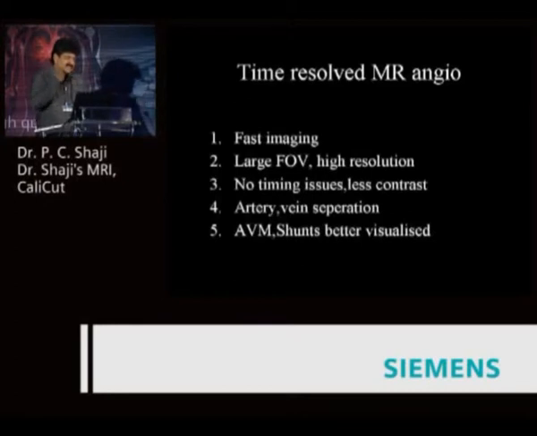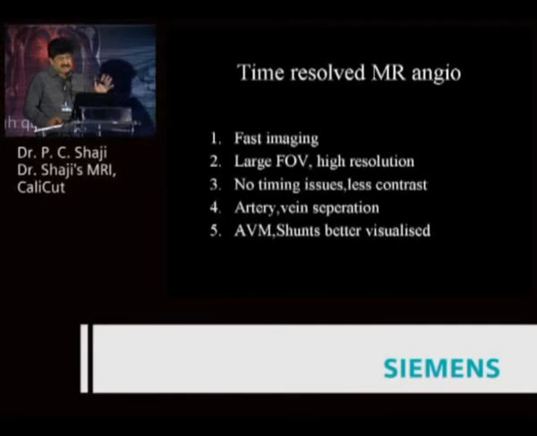There can always be venous contamination when you do angiographies of the carotids or below the knee. So if you have time resolved techniques like TWIST, you can use them in those areas. In a peripheral angio, you can do routine imaging up to the knee, and below the knee you can continue with the time resolved technique. If you have that technique, it's extremely good.